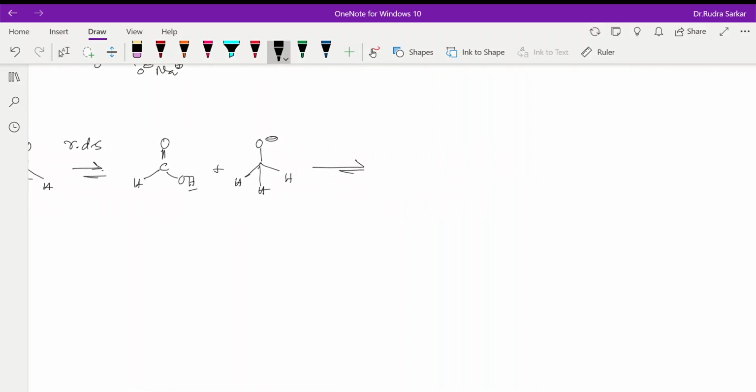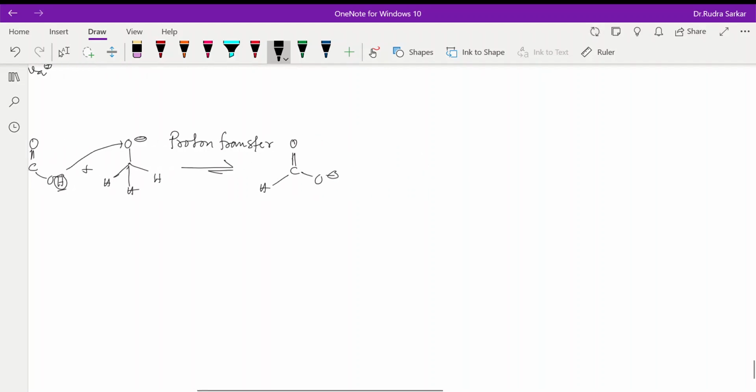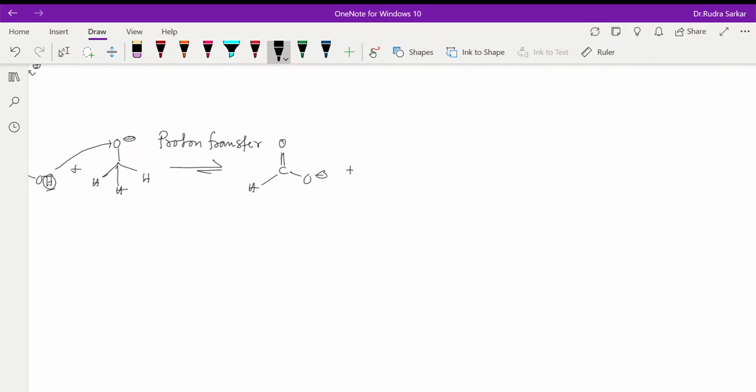The proton of the acid is much more acidic than the proton of the conjugate base of alcohol, so here a proton transfer will take place from here to here, and that leads to the formation of the formate ion, and we also get a molecule of methanol.